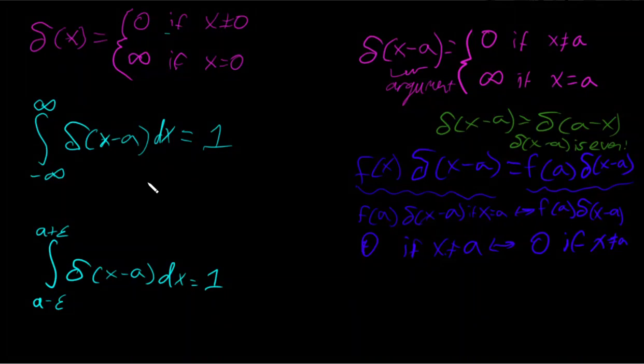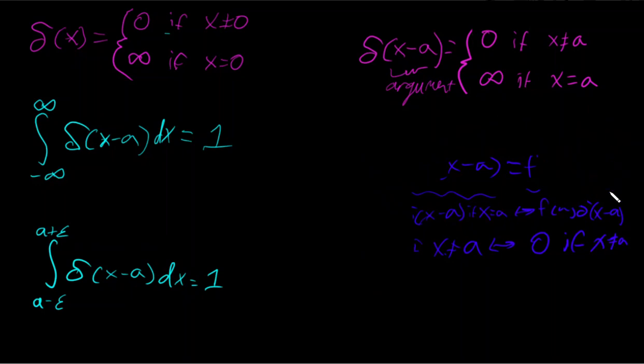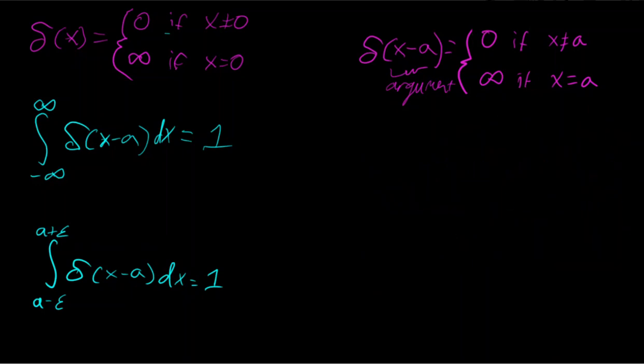I'm going to keep some of this up, but I'm going to erase what we just did. And now to relate this back to quantum mechanics. Well, it's sort of like a distribution. This seems like the wave function, that's what we'll call the state function, phi a of x.